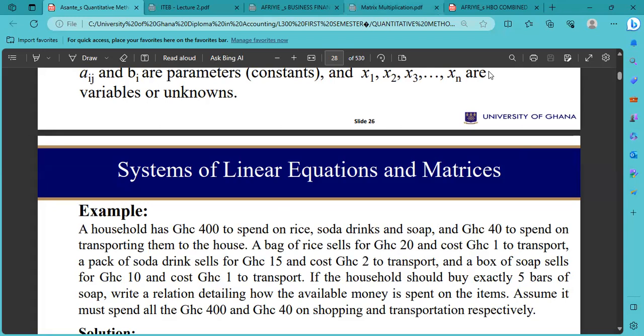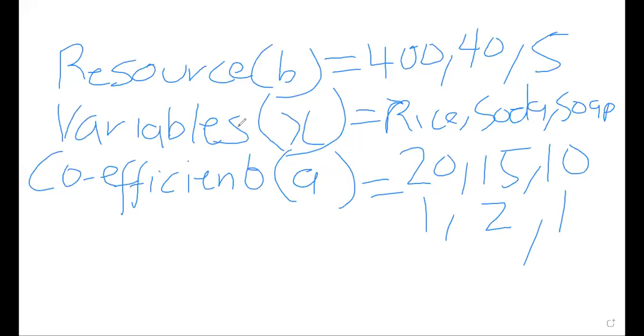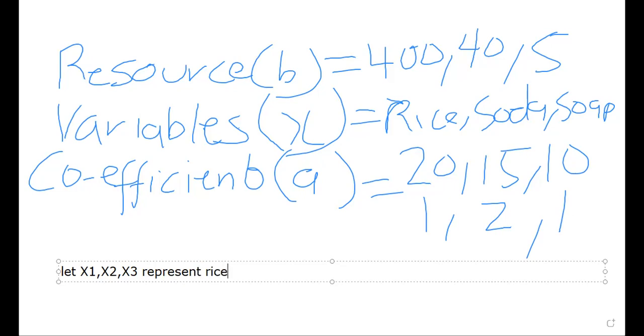So now let's formulate our equation. Now we can state clearly, let x1, x2, x3 represent rice, soda, and soap respectively.